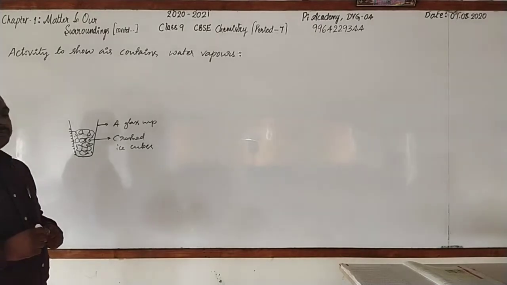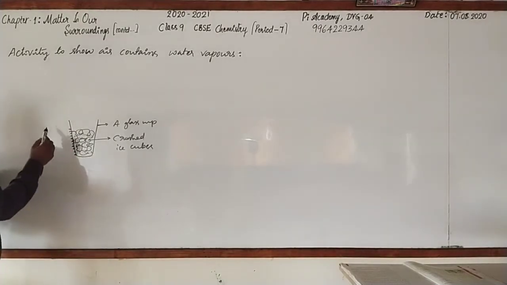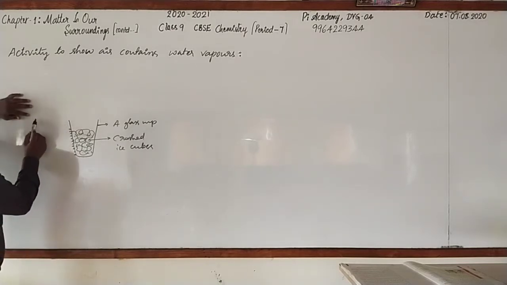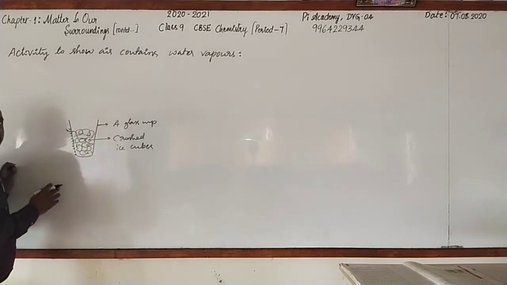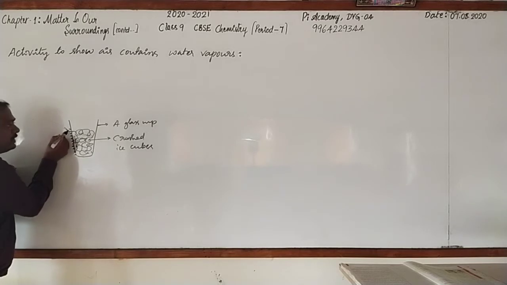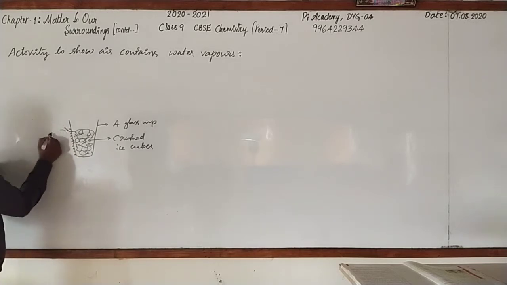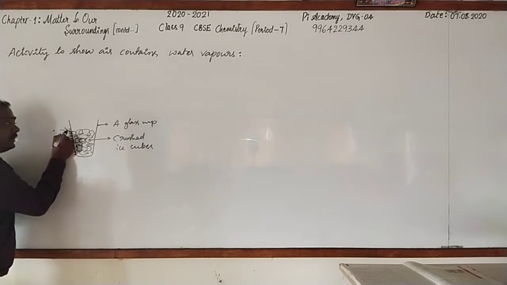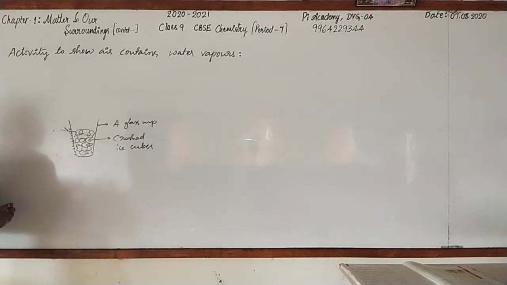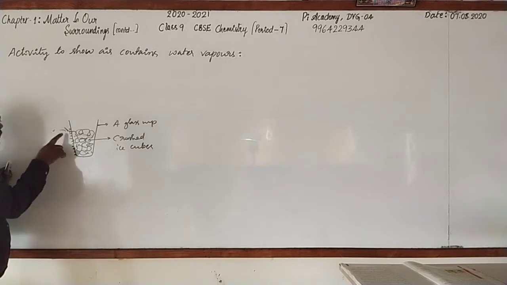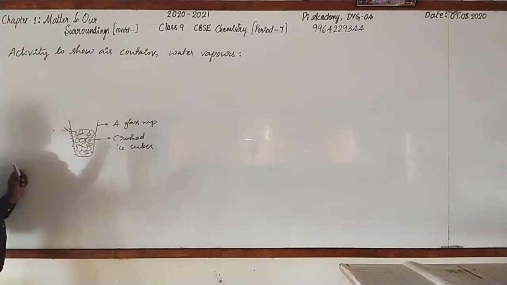We all know that the water vapors that are present in the air will come in contact with this cold glass cup, and when these air particles come in contact with this, they lose the energy, and after losing the energy, they get converted into water droplets which settle on the surface. Here water droplets are formed because water vapors are present in air.